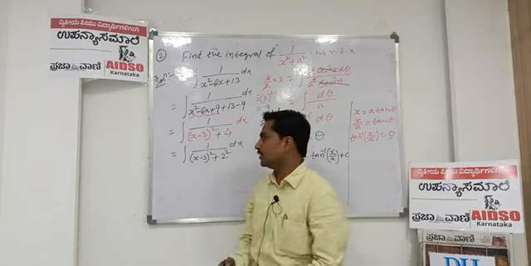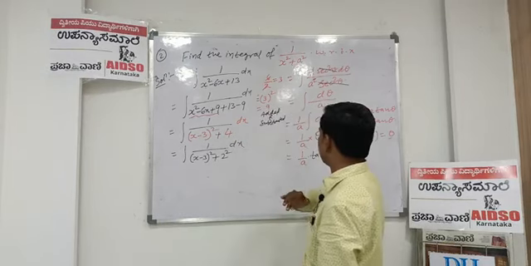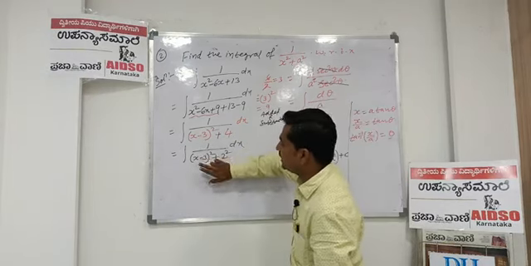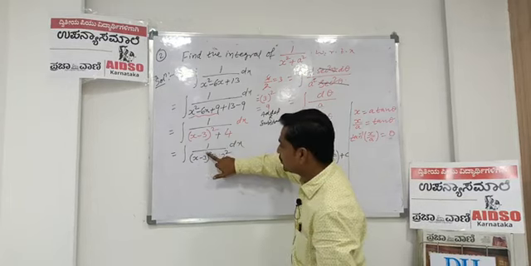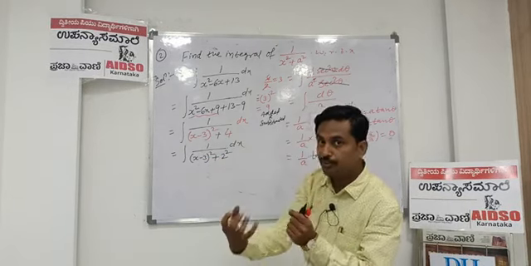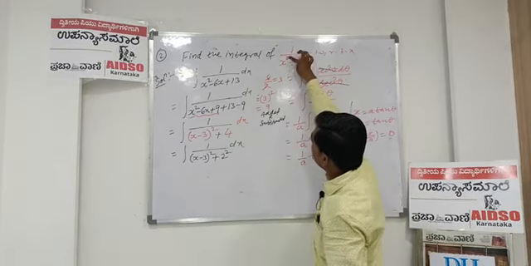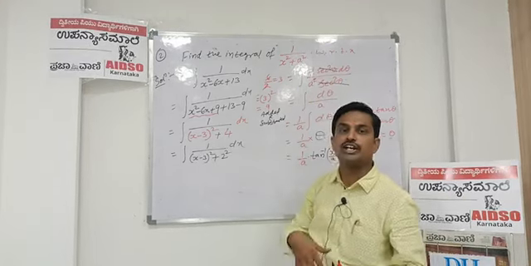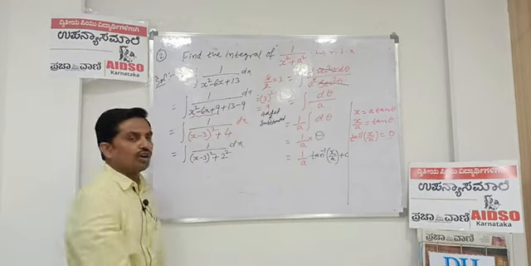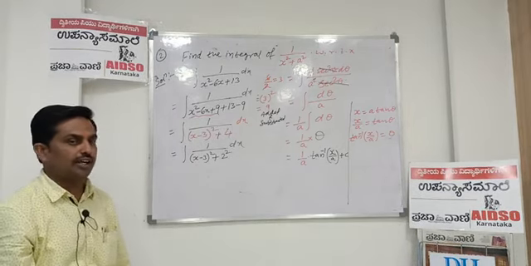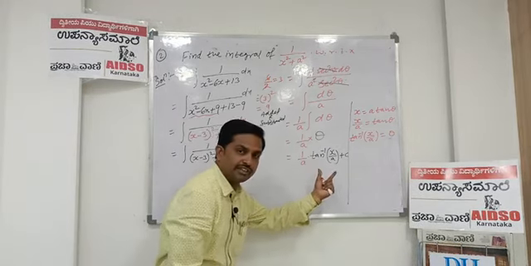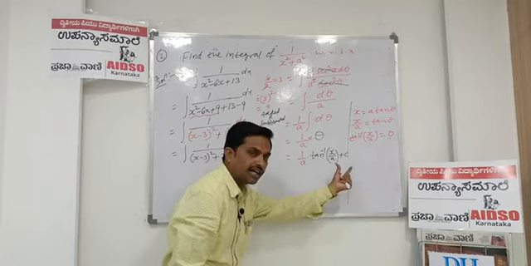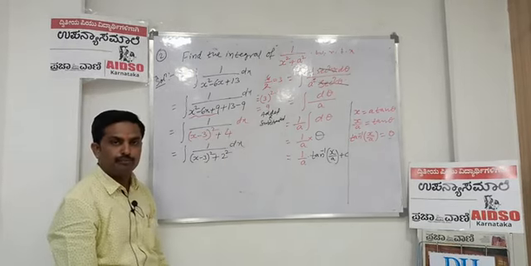Now what is the form we are getting? This is entirely x value, x square plus a square. I am repeating, see what form we are getting: x square plus a square. So what is the formula for x square plus a square? The direct formula is 1 upon a tan inverse x by a plus c.